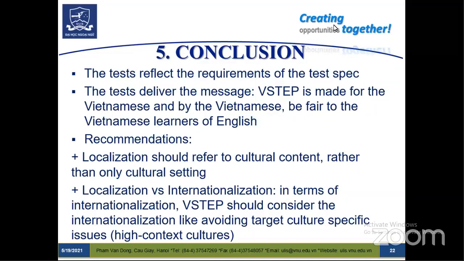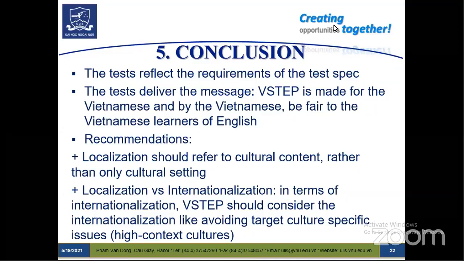It's true through the cultural content, which can be seen in several parts of the test, especially in part 2 and part 3, and through the different kinds of cultural knowledge that we may ask the test taker to bring while they listen to the test.